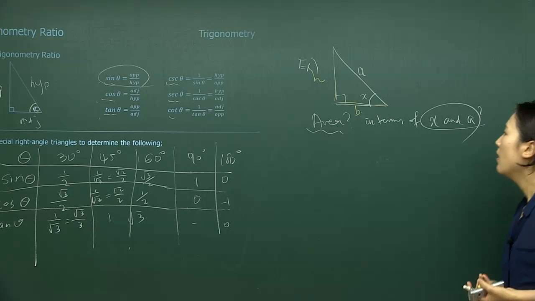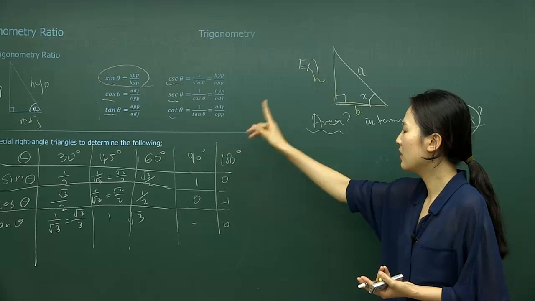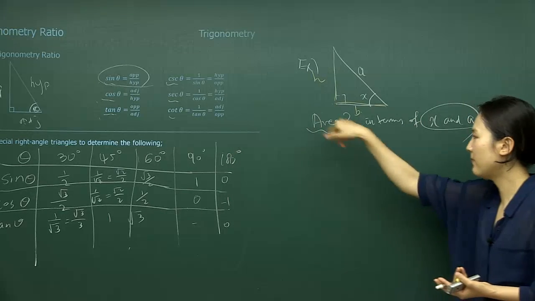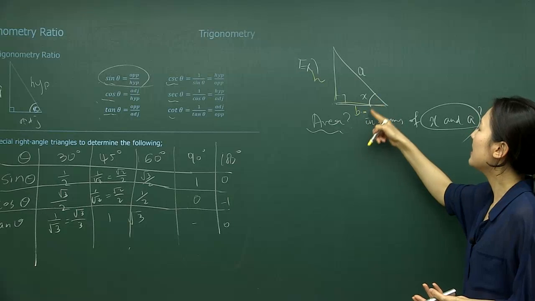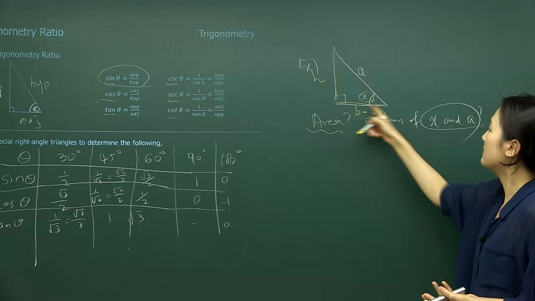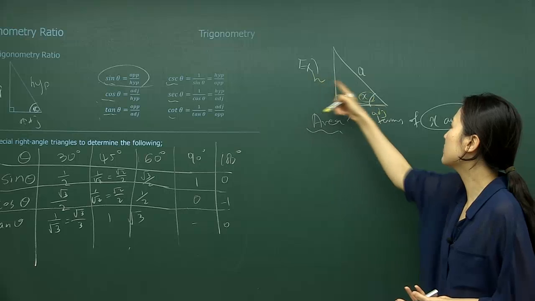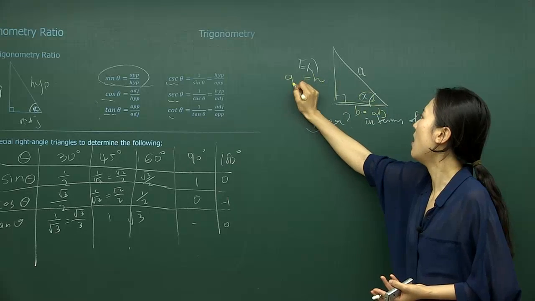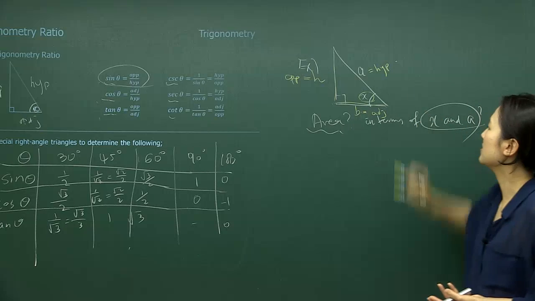Remember what we did in the very beginning, the triangle with 40 degrees and 5? Since the angle is right here, this B is the adjacent. Height is across from it, so this is the opposite. And this A is the hypotenuse.